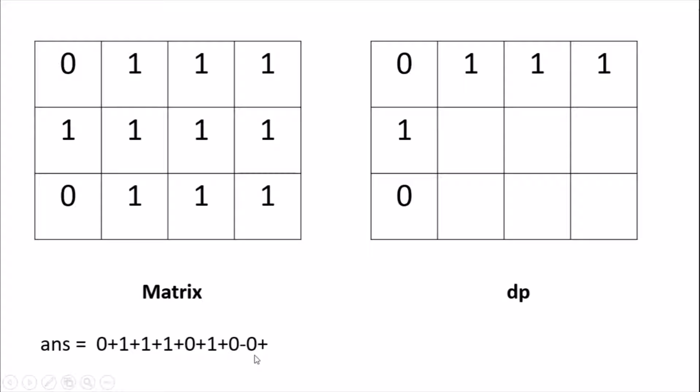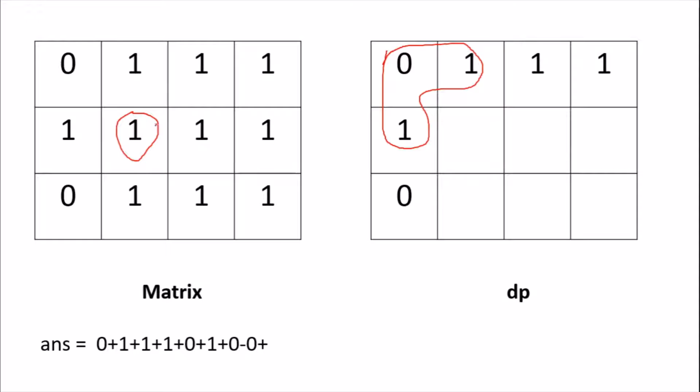Now we start traversing from the second row and second column, and we check in the dp matrix what is the minimum of these three elements. The minimum of these three is 0, so we cannot create a square submatrix here of size greater than 1.